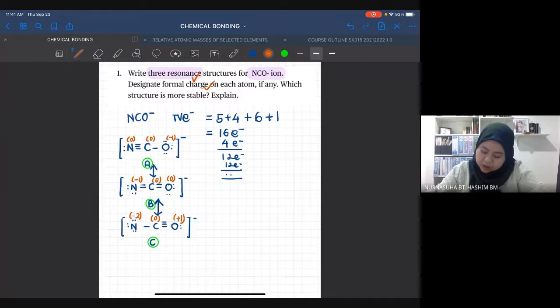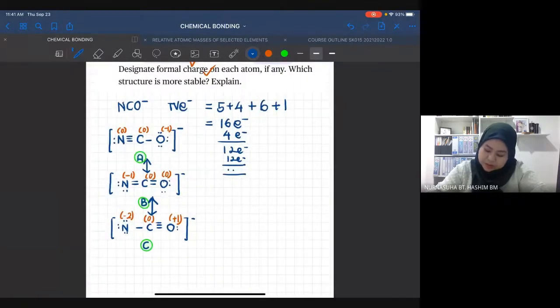Okay, so basically kita dah lukis resonance structure, kita dah kira formal charge. Okay, now we have to choose which one is the most stable. So between A, B, C, C itu memang out of question lah sebab awak nampak kan ada negative 2 charge dekat situ.